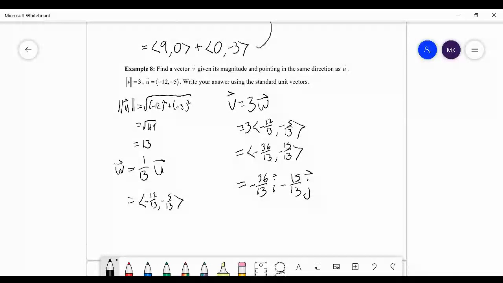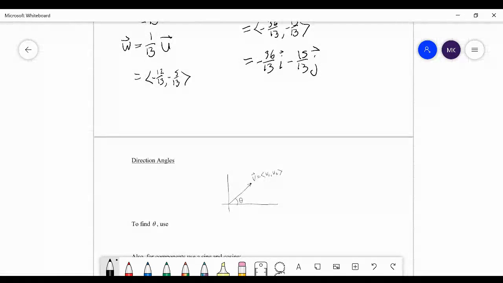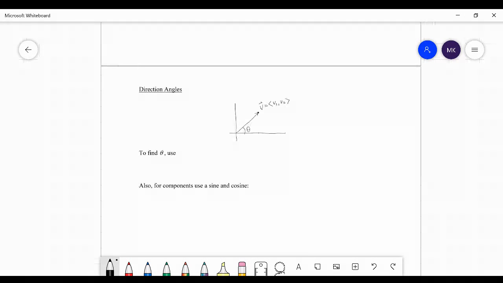So we've talked about finding all these magnitudes. We've talked about these things being in the same direction. Now we want to actually talk about how we figure out what that direction is, other than just doing things like unit vectors and stuff like that. Can we use trig to help us out? And the answer is, of course we can. So I have in this drawing this vector v.